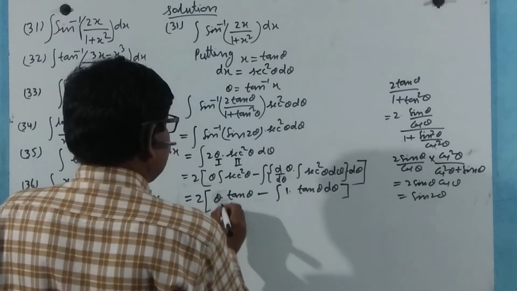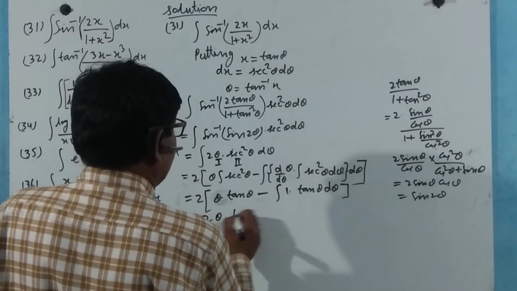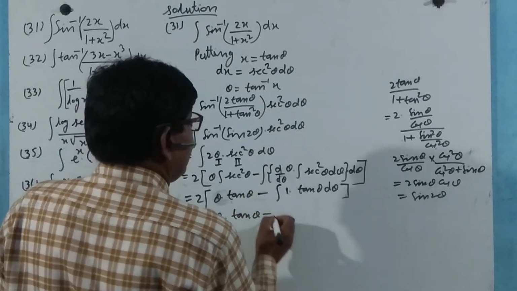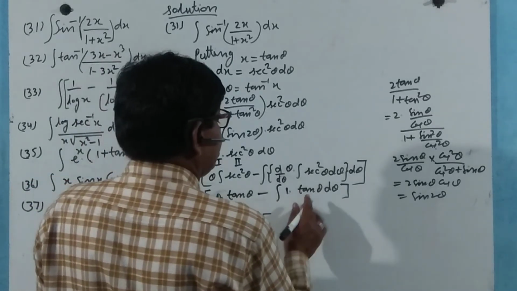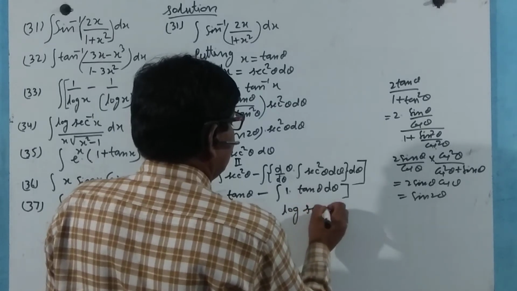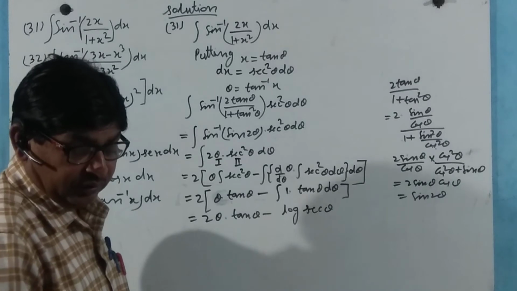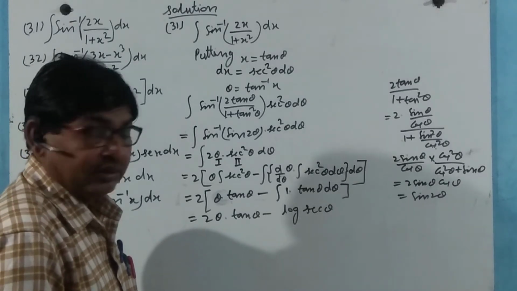So 2 theta into tan theta minus the integration of this, which is log sec theta. This can be written as log sec theta.